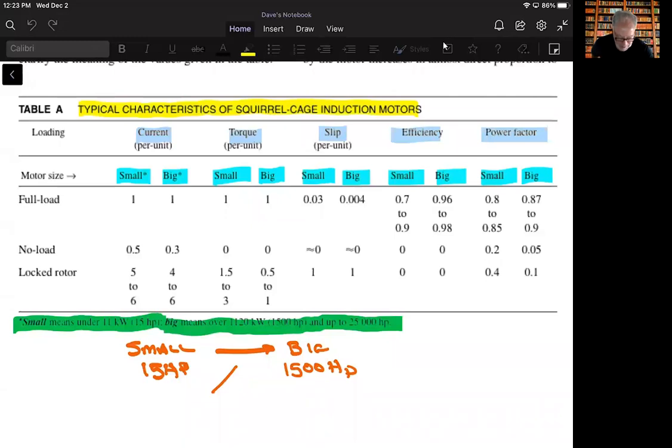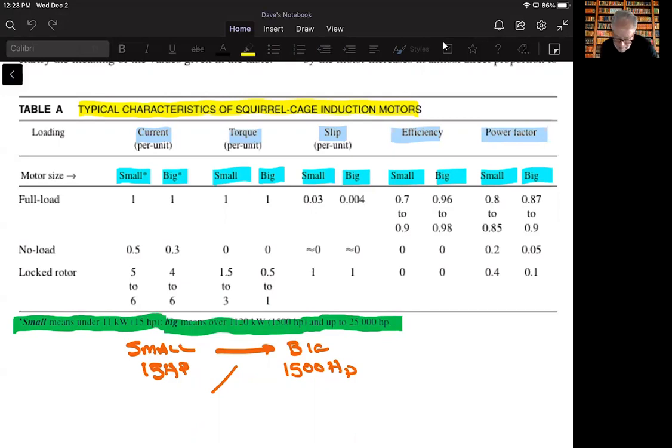And the base speed is the synchronous speed of the motor, which we've gone into in a lot of detail recently as well. So we're going to walk through some explanations and look at the table to see how these relate to these particular motors.